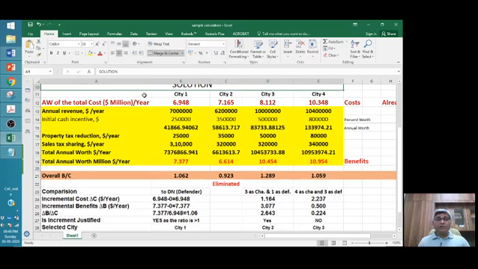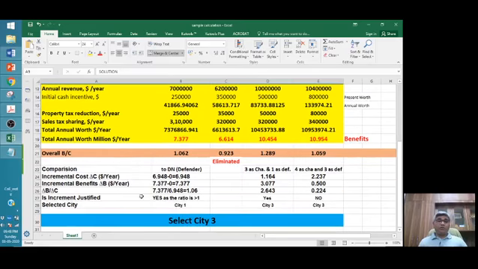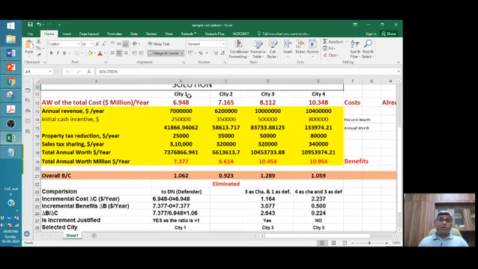So the answer to this comparison is, from DN condition to city 1 we will be working for the project in city 1. So the selected city will be 1. In this case we have dropped the DN condition, what we call the defender. Now the project can be worked out in city 1 as compared to DN condition.